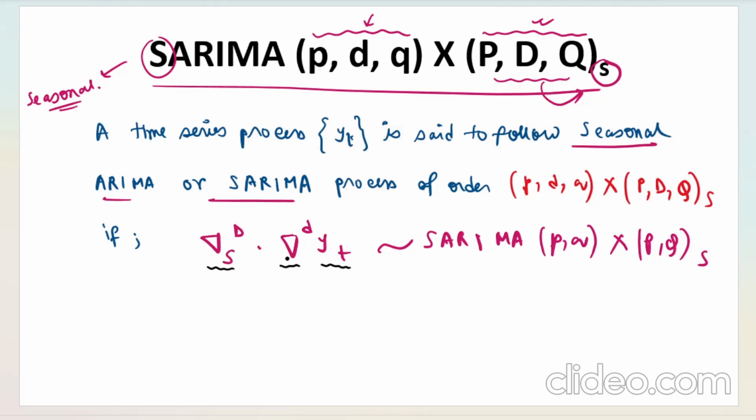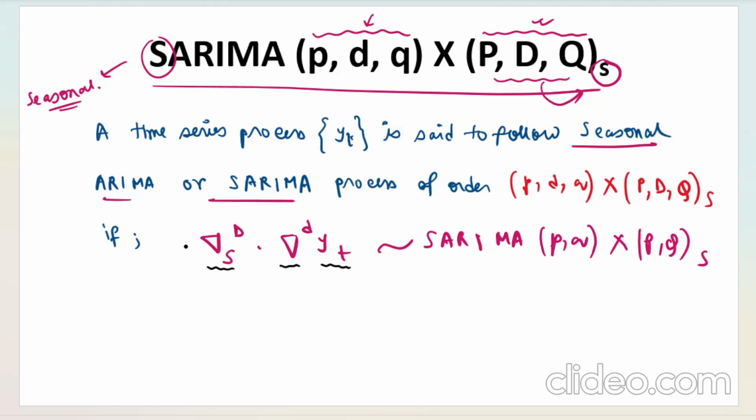If you apply both these operators on this original process Y t, and if you see this modified process follows SARIMA with parameters p, q and capital P, Q, S, then you will say here D is not present because we have already applied this D here on the operators, right? Capital D is the degree of the seasonal differencing operator, and small d is the degree of the original differencing operator, right?